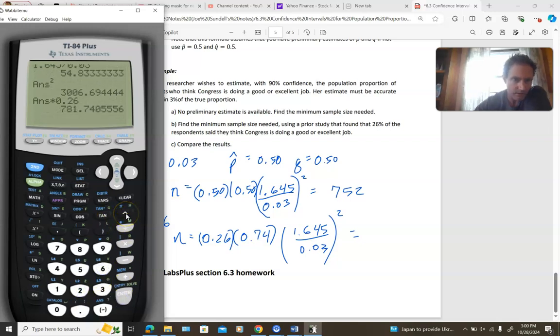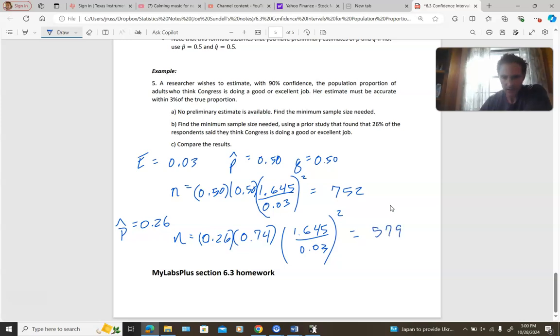Okay, yeah, we're going to multiply this by 0.74. I think I must have mistyped one of those decimals. But anyway, this makes more sense. Okay, so if I round up, it's technically not to the nearest whole number. You always round up. So 579. Okay, this is our minimum sample size that you need to ensure a margin of error no greater than 3%.